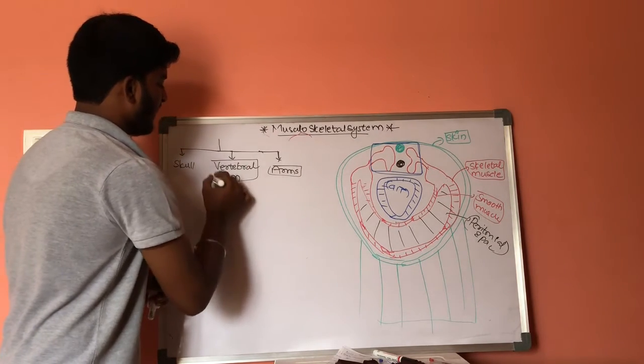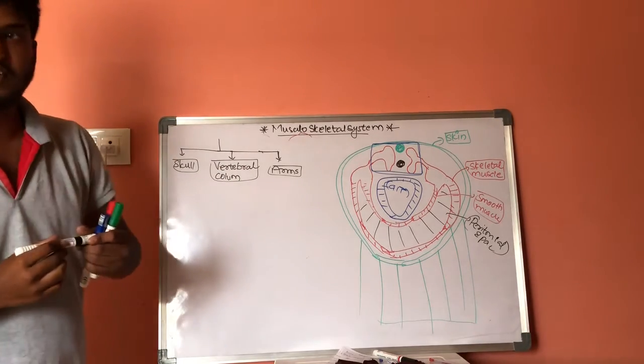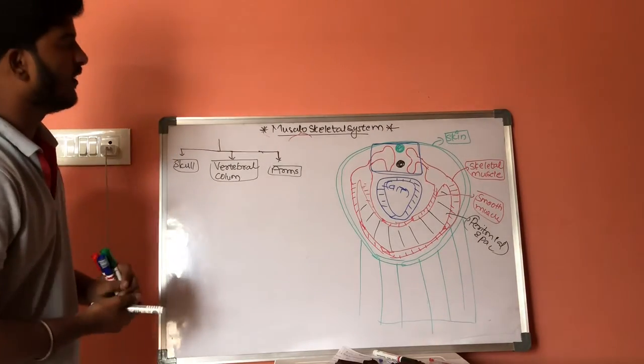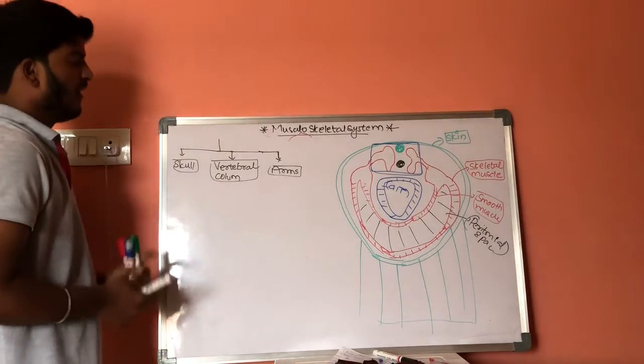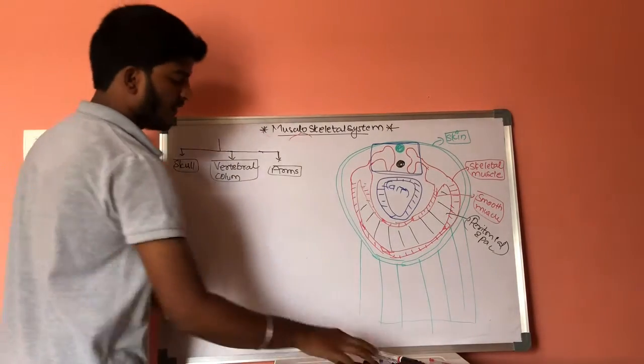Under these three categories, the development of the musculoskeletal system can be studied. Now, let us study these detailed structures.